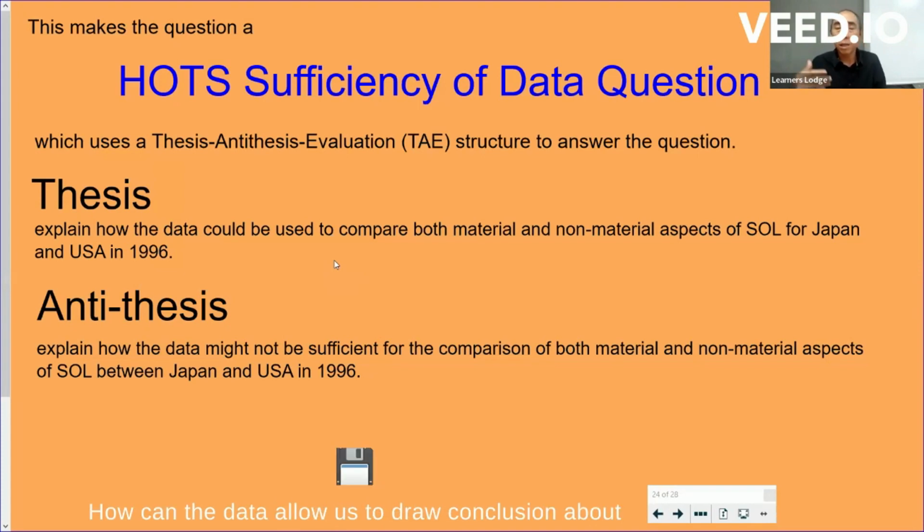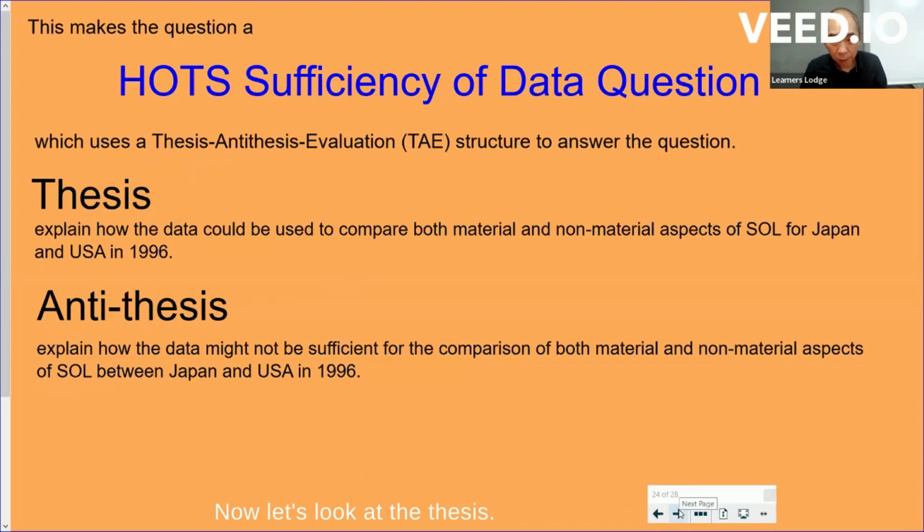Or a higher non-material SOL? After that, we move on to the antithesis to say how the data might not be sufficient in allowing us to make such comparisons. So this would be the antithesis to this question.